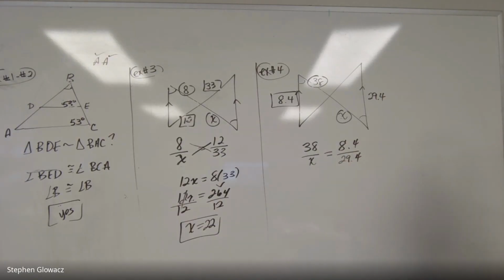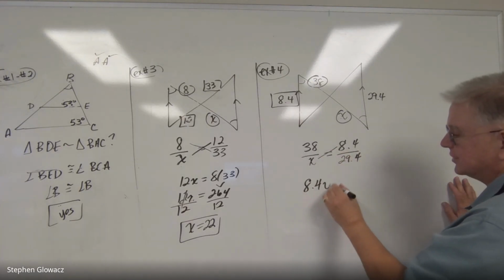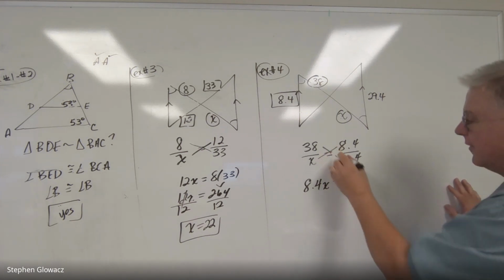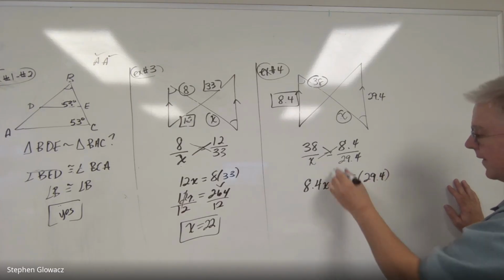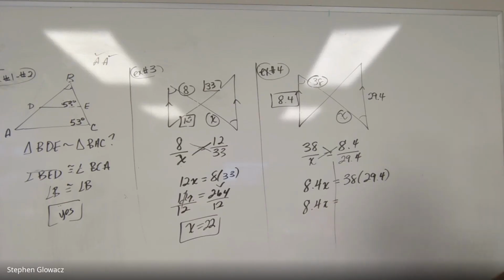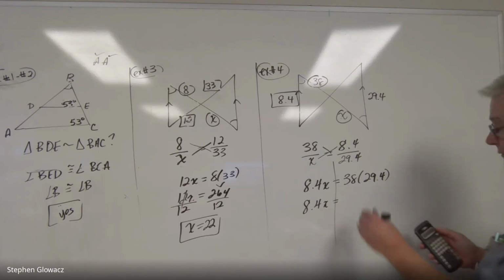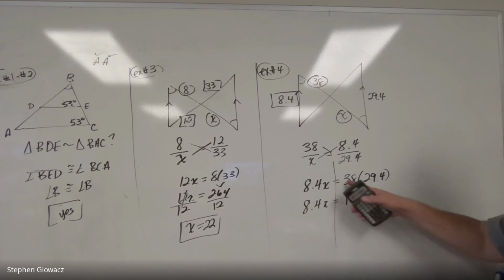All right, so we cross multiply. We have 8.4 times x, which is just 8.4x. Going the other way, we have 38 times 29.4. Simplifying on the right-hand side, 38 times 29.4, we have 1,117.2, multiplying this here.